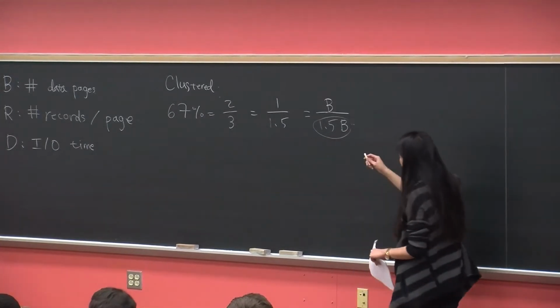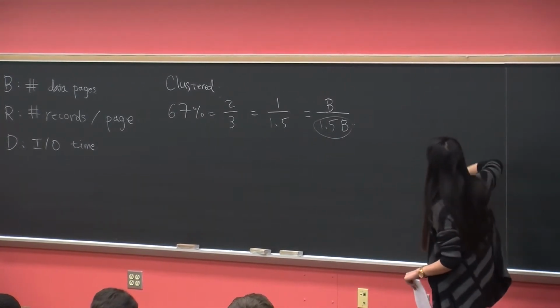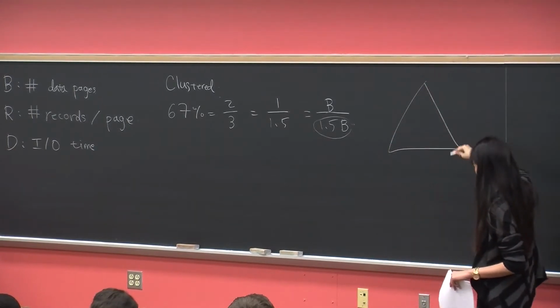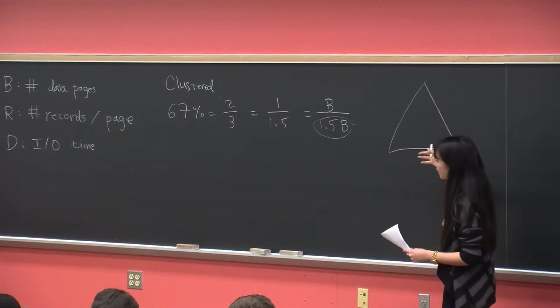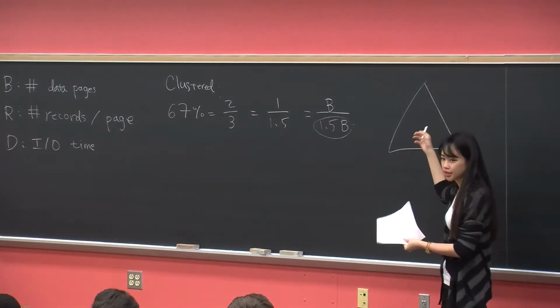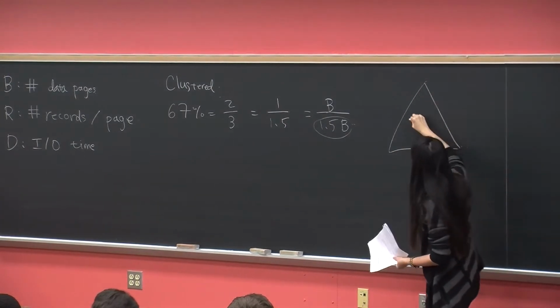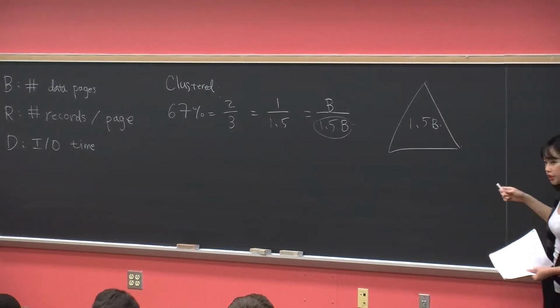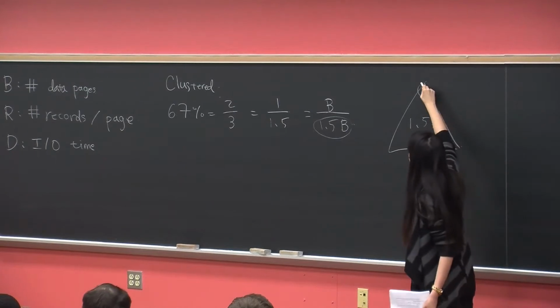Okay? And last time, a little bit more complicated is starting from the search. So starting from clustered, that's where we will talk about the tree structure. If you recall last time, we talked about a tree structure like this. We have indexes organized in this kind of hierarchical way. And if in total we have 1.5B pages, you can think of every node as a page.